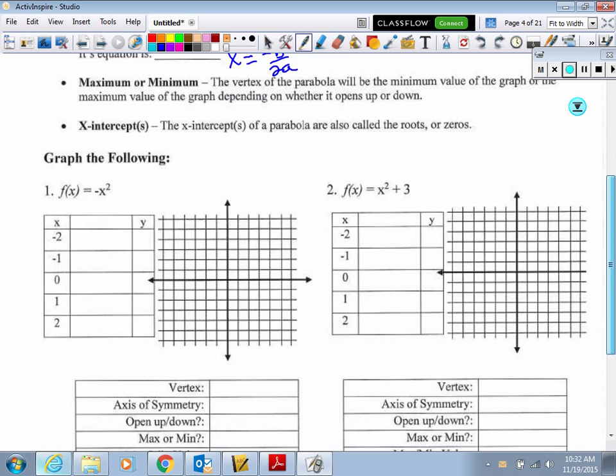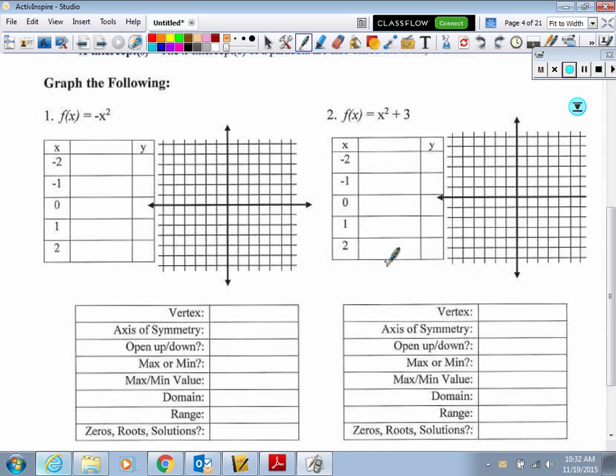Okay, so now let's do the same thing with these two, only here it's negative x squared. So I'm going to go to my calculator and generate my table there because I just don't want to do it by hand. Now what you should notice is it opens down when you do that. So I'm going to go to table.